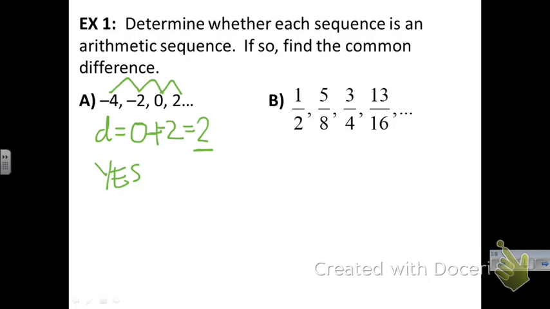Okay, on B, because you have fractions, I would look to see what number I will use to get a common denominator. You can see that 2 goes into 16, 8 goes into 16, 4 goes into 16. So we're going to use 16. So 1/2 would become 8/16. You multiply the 2 by 8 to get 16, so you multiply the top number 1 by 8.